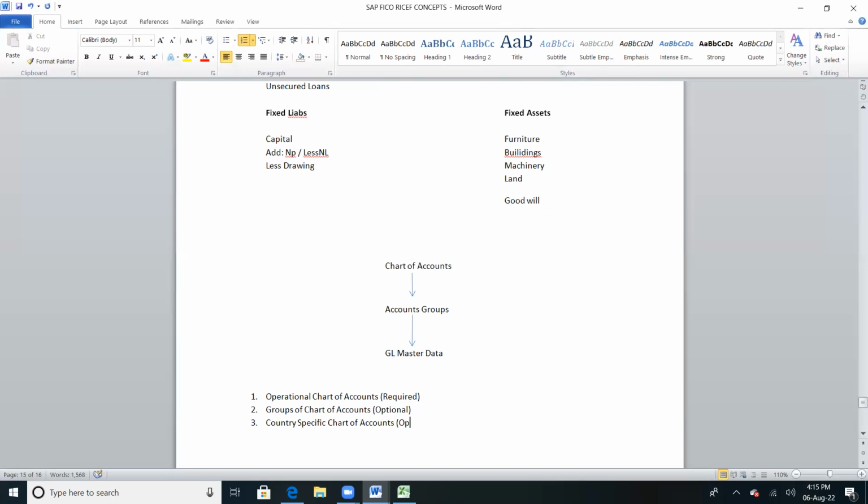This is also optional. Write down: only operational chart of accounts is mandatory. The remaining two, group chart of accounts and country specific chart of accounts, are optional.